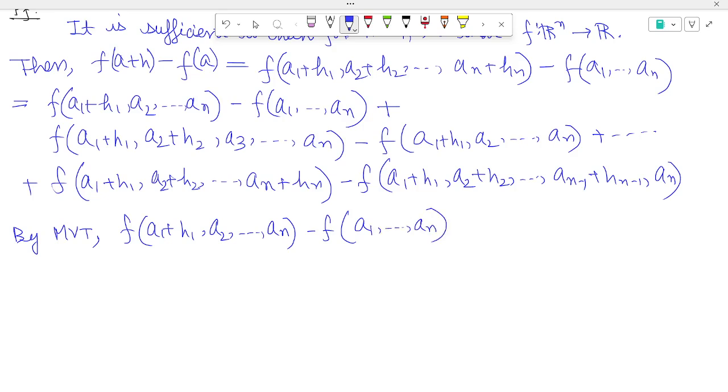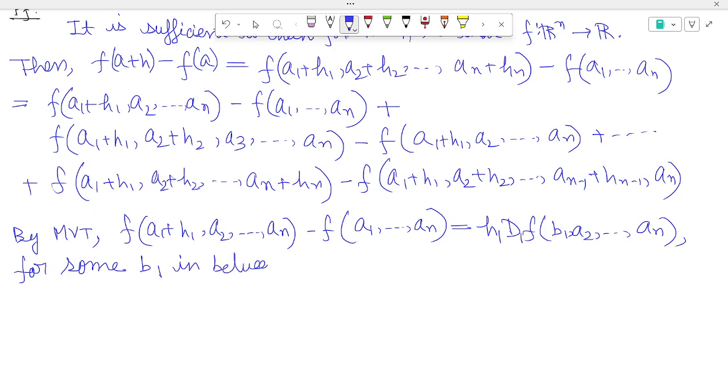This is nothing but h1 into D1, because in the first position the derivative is counting, so it will be D1. First D1 at A2, an, or some D1 at A2.